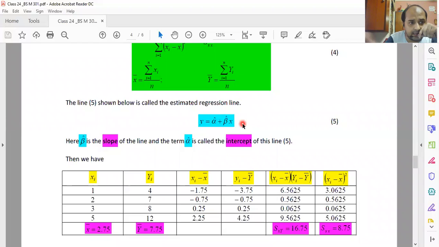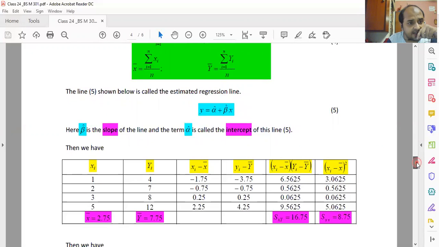But where is the e term? Since we have used the method of least squares, which tries to minimize the sum of the squares of errors, that e term will vanish. So ultimately we get this equation number 5, which is called the regression equation, where as usual beta cap denotes the slope of the line and alpha cap denotes the intercept of this line.